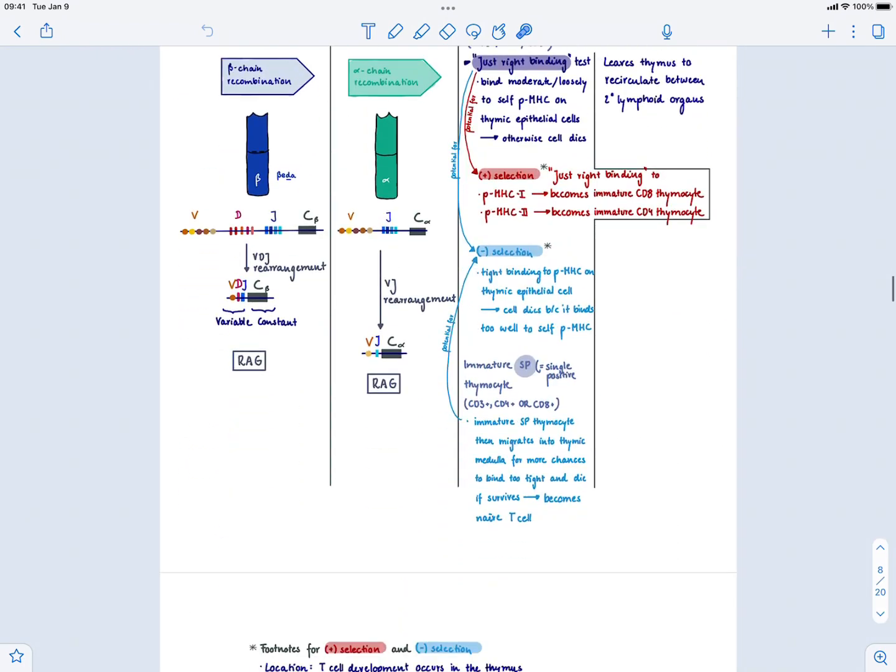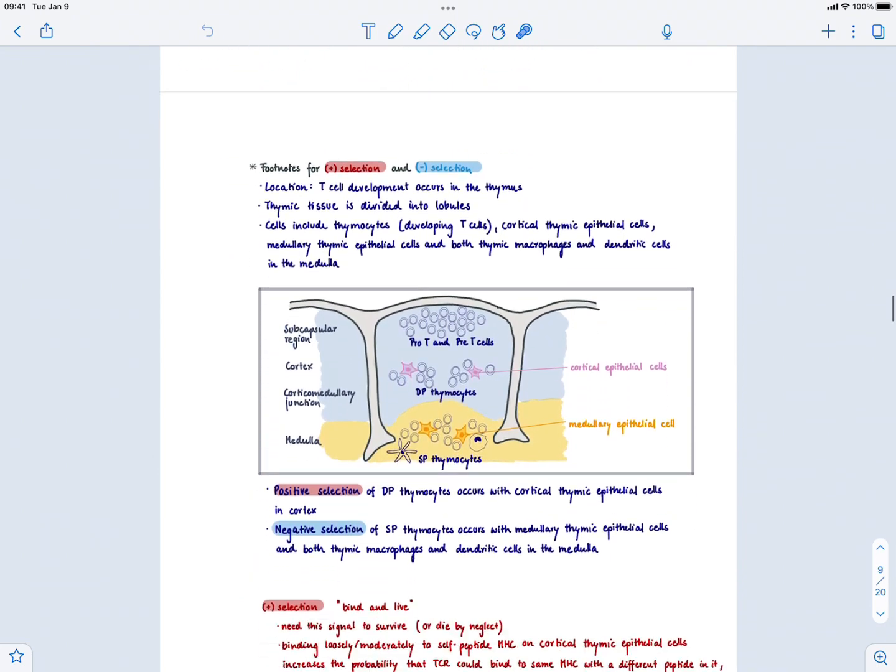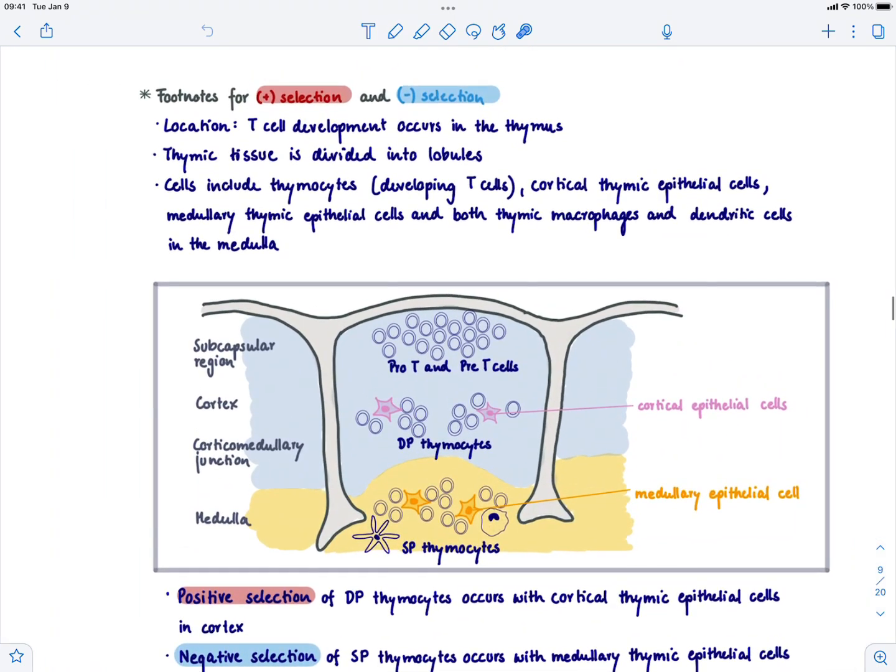What I want to do next is talk about a couple of parts of positive and negative selection, which I didn't have the chance to cover yet in this overview figure. One thing I wanted to point out is location. Where do these things happen?